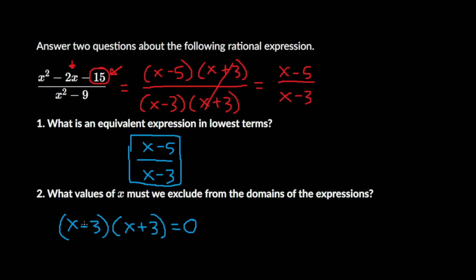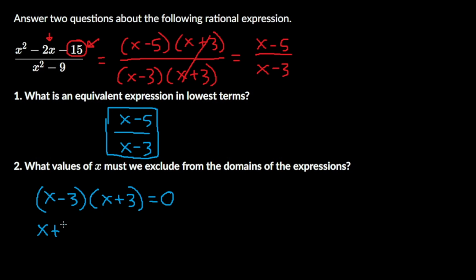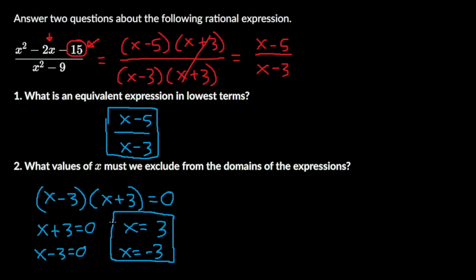Now all we have to do is look at each of these separately and set them equal to 0. You probably already figured it out. It's going to be x equals 3 and x equals negative 3. So those are the two values in which we have no value at all. It's going to be undefined and it's going to be a big boo-boo.